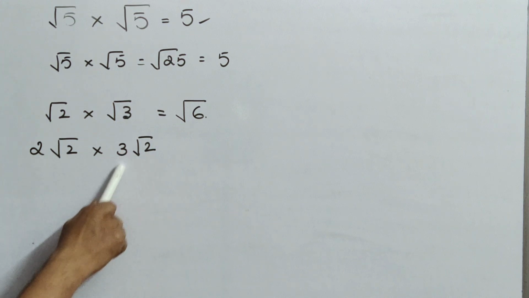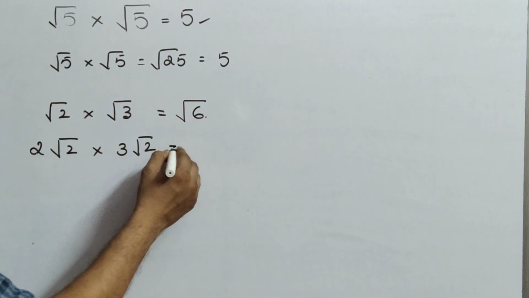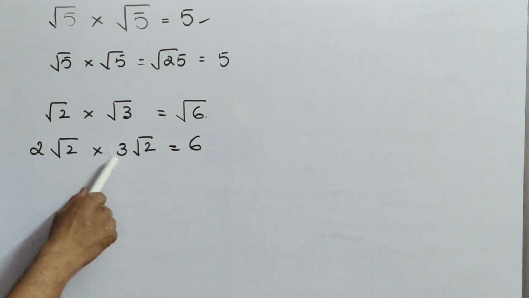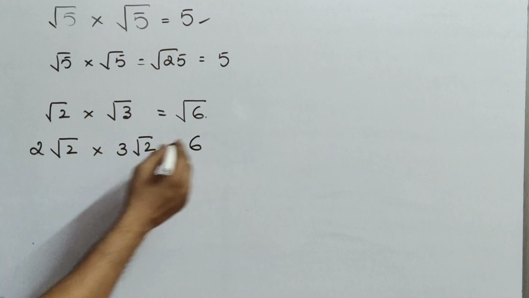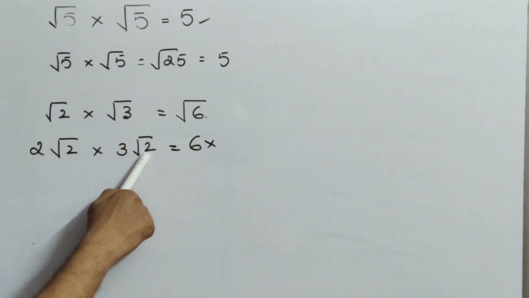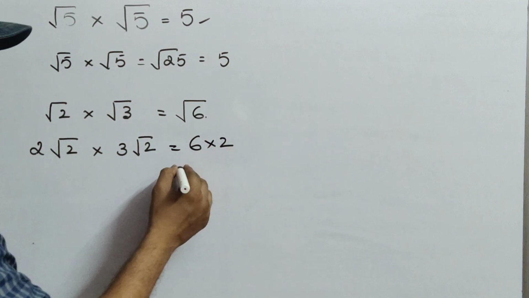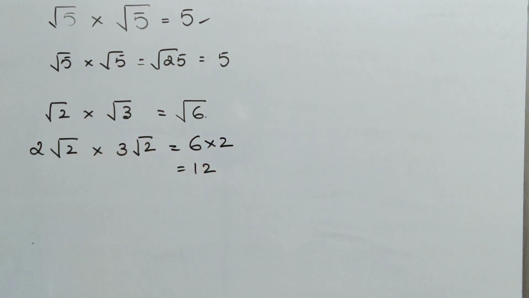First multiply these two numbers. 2 into 3, how much? 6. Into root 2 into root 2. You all know root 2 into root 2 is 2. So 6 2s are 12. Is it clear? 6 into 2, 12. Okay, one more example I am giving you.